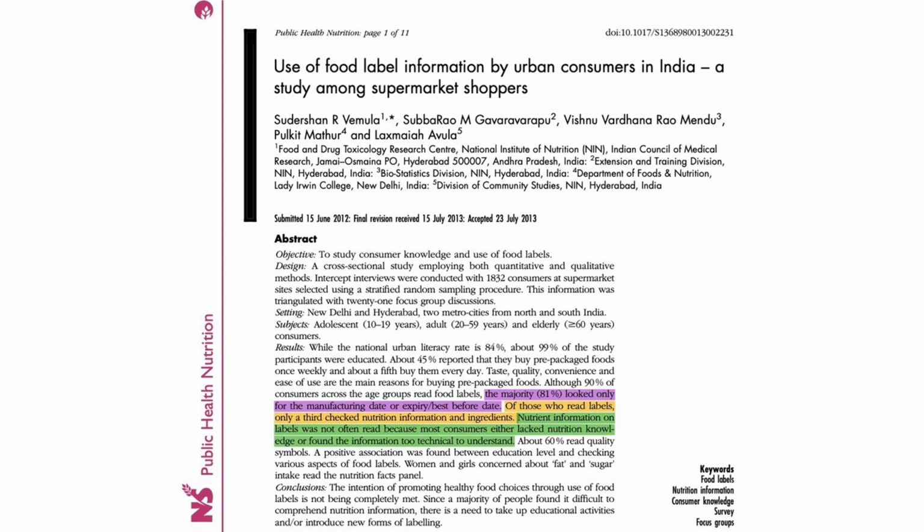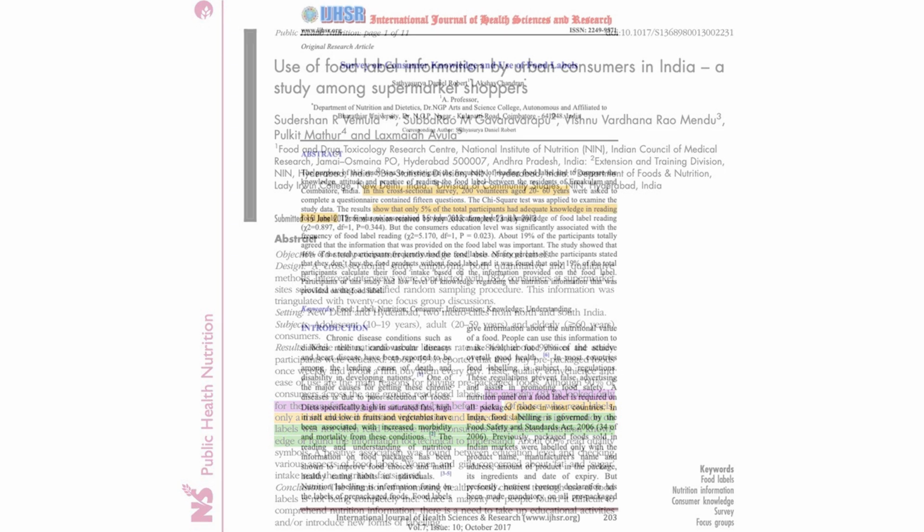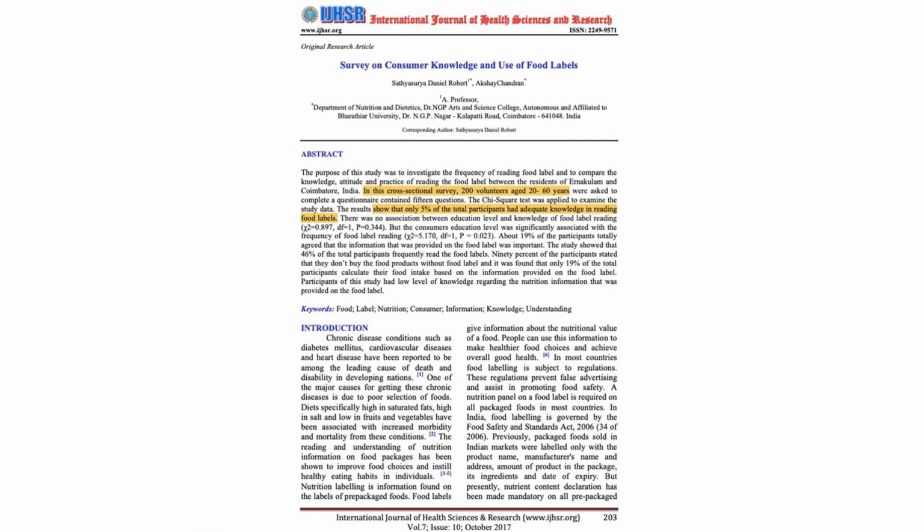Nutrient information on labels often was not read because most consumers either lacked nutrition knowledge or found the information to be too technical to understand. Another study showed that only 5% of the participants had adequate knowledge in reading nutrition labels.